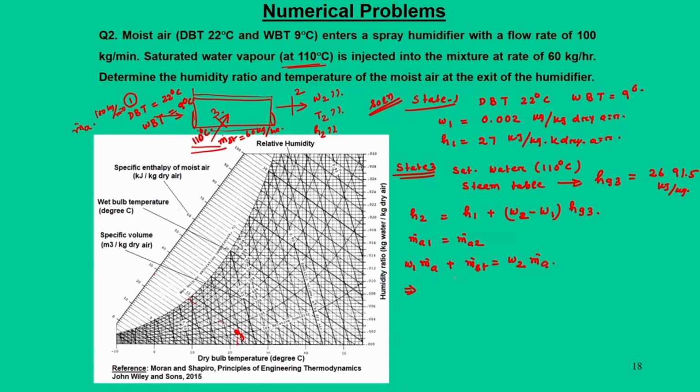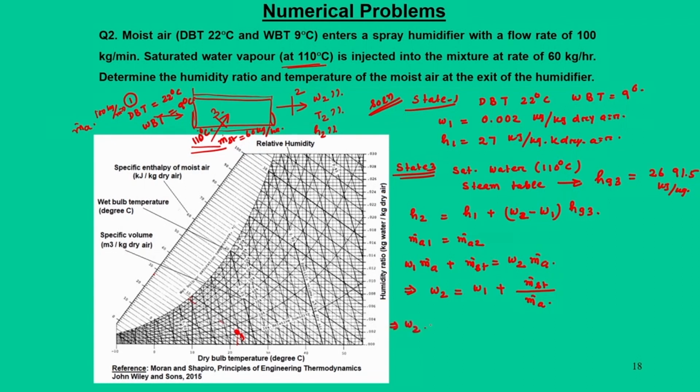So, from this relation we get omega 2 is equal to omega 1 plus m dot steam divided by m dot A. The steam rate is given, so you can put the number here.